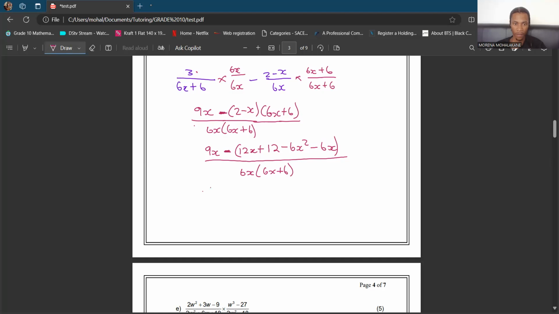Right now I have 9x minus. Inside here, the 12x and the 6x is going to be 6x. Then I have the 12, then minus 6x squared.